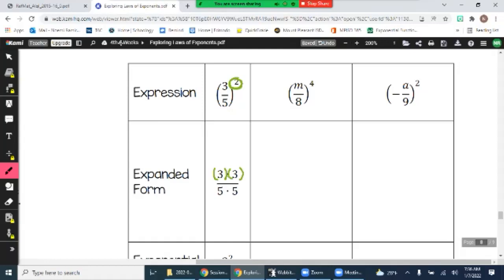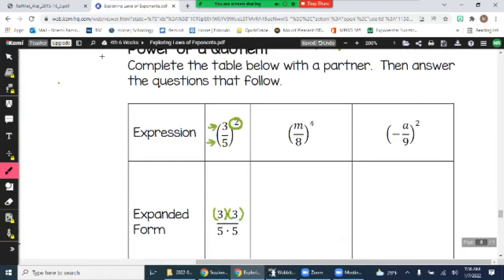3 times 3 because of the 3 squared. And now the squared, since it's on the outside, you have to multiply it by whatever's at the top, but also whatever's at the bottom now. Whenever we were looking at the power of a product, remember the exponent on the outside applied to everything on the inside.